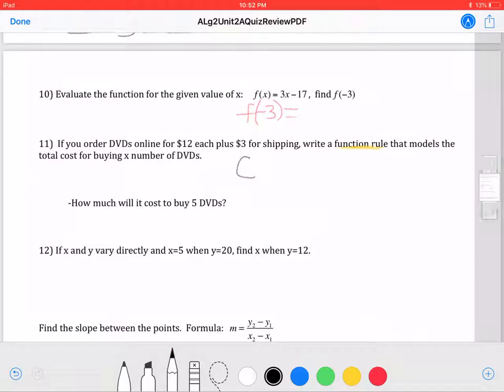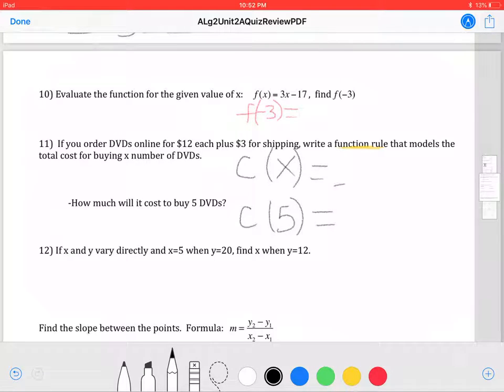The cost for buying X number of DVDs is going to equal a flat shipping cost plus $12 each, which indicates 12x. If you want to know how much 5 DVDs cost, substitute in and find C of 5.